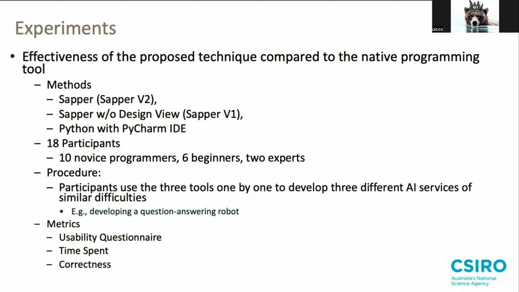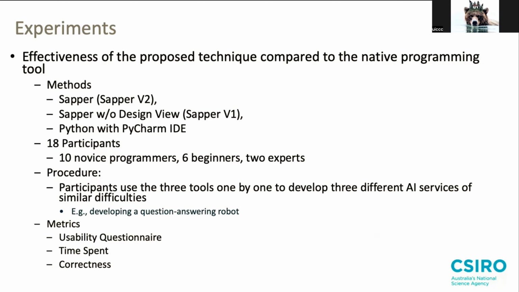We invited 18 participants to join our user study. 10 of them are novice programmers, 6 are beginners, and 2 are experts. In terms of the procedure, each participant will use the 3 tools one by one in counterbalanced order to develop 3 different AI services of similar difficulty. An example is developing a question answering robot.